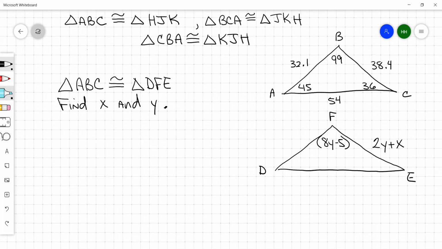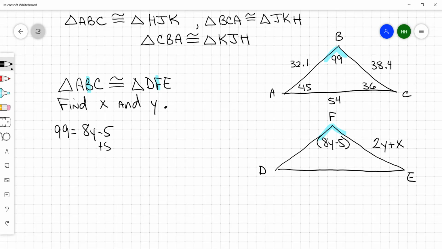All right, we have angle B in the middle of its description. Angle F is in the middle of its description. So what's angle B congruent to? 8y minus 5, isn't it? So doesn't 99 equal 8y minus 5?